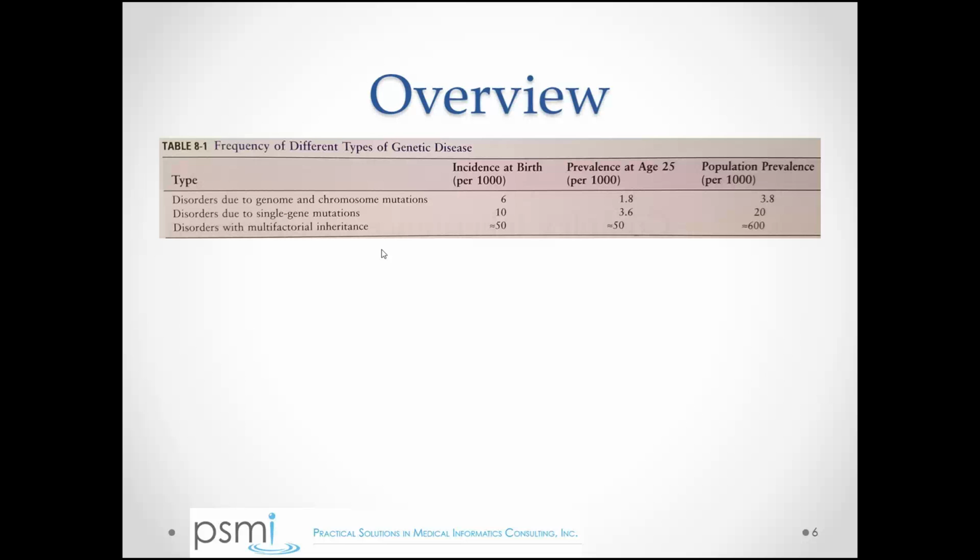We see a higher incidence of these diseases, a higher clustering of these diseases in families, but there's no single gene responsible, and there's no clear-cut Mendelian inheritance pattern for these. And by far, these are the most common, and so we'll start examining one of these in particular today when we look at type 1 diabetes.